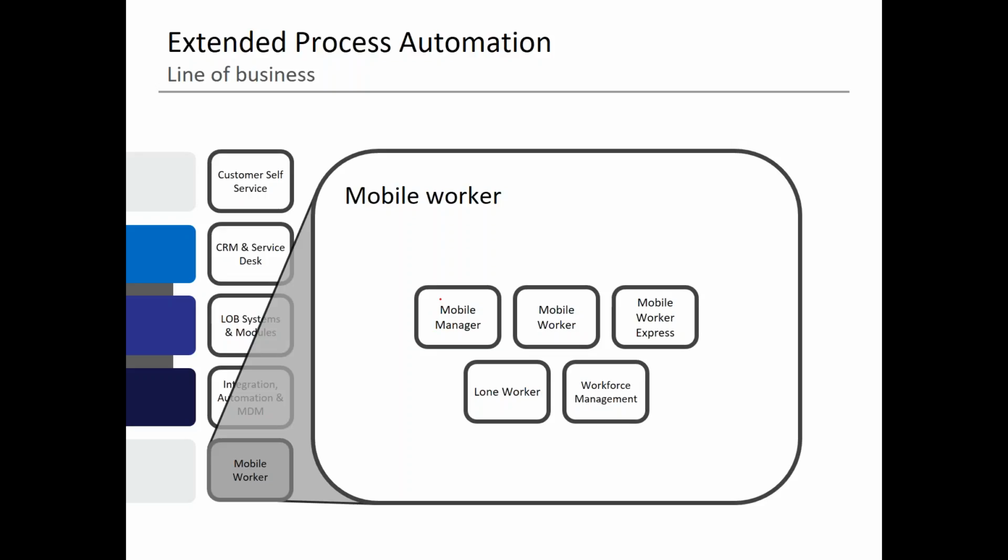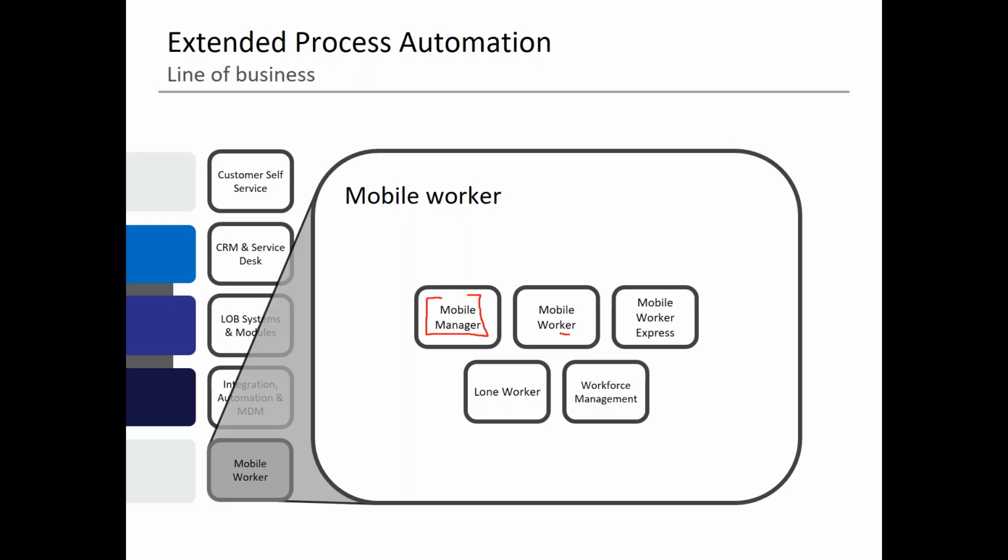So there may be someone in a supervisory capacity, and that would equate to someone using Mobile Manager, so maybe a team leader or a supervisor on a team that's working remotely on delivery of services. So that's Mobile Manager, and I'll touch on that in a moment.